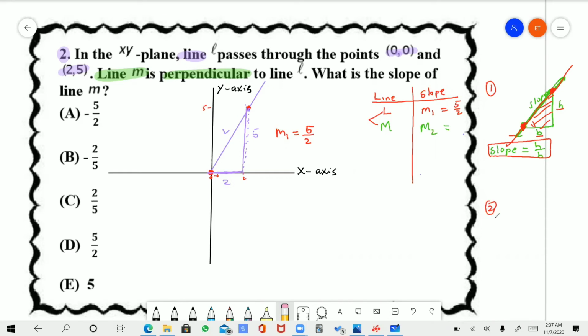Equation number 2 says if two lines are perpendicular to each other, if line L is perpendicular to line M, the slope of line M is equal to the negative inverse of the slope of line L. So we know the slope of line M is M2, and the slope of line L is M1.